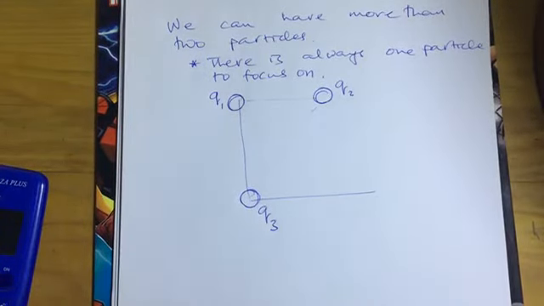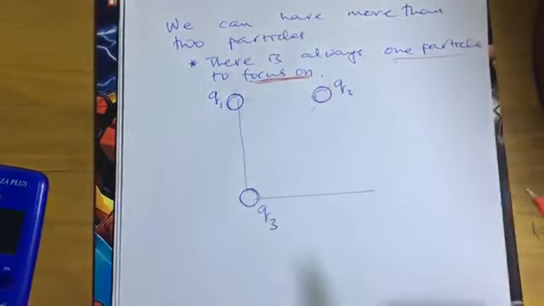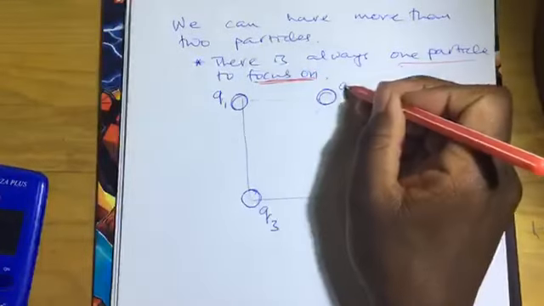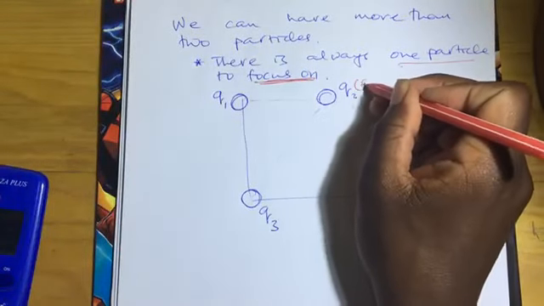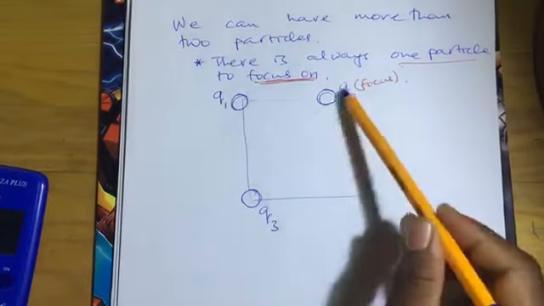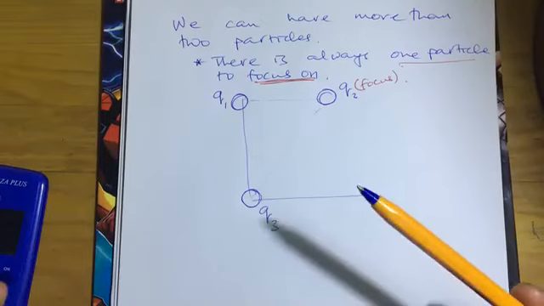Now, I've given you a trick to say there is always one particle to focus on. So they'll say, for instance, let's assume particle 2 is going to be our focus. And then these particles are going to have different charges. They can be positive or they can be negative.